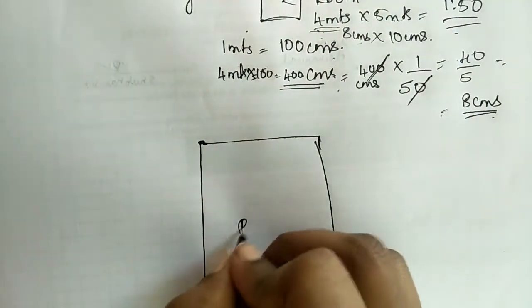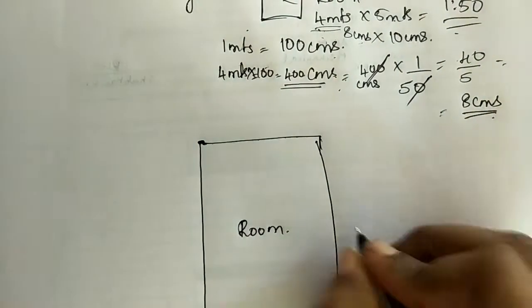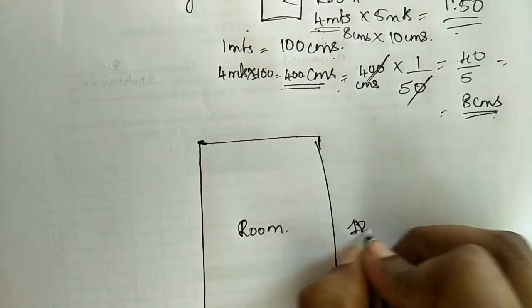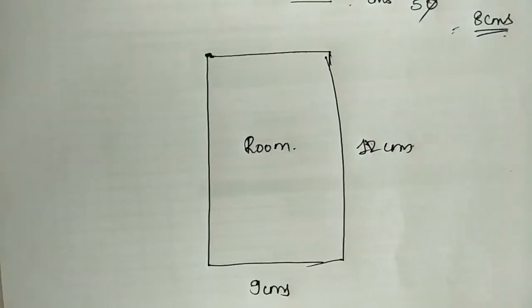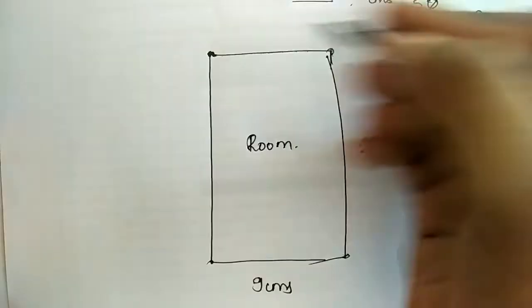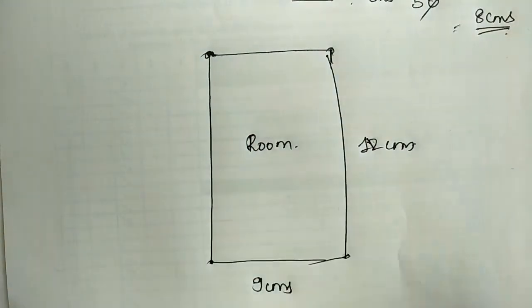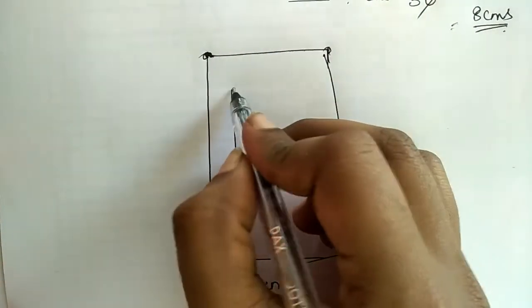Okay, so this is your room, this is 9 centimeters and this is 12. This is your actual plot size what is being given to you. Okay, so these are your corners now of your land. जो कोई भी आपका plot है ये आपके corners हैं. Now where your house will be constructed, exactly over here at the center.